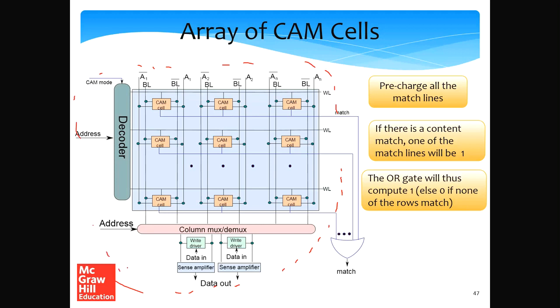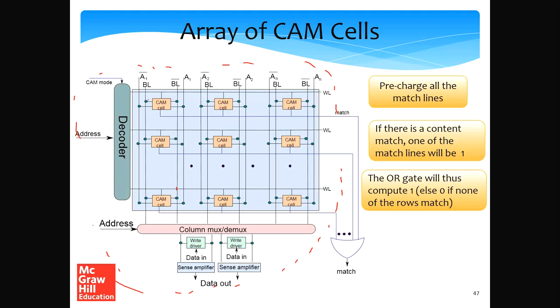The only difference is that we have this additional CAM mode where all the word lines in this case can be turned off. It's not a problem. And the only difference is that instead of an SRAM cell, we have a CAM cell over here, and it has its regular bit lines as inputs because a CAM can work as an SRAM as well, and you can see write drivers and sense amplifiers and everything else.